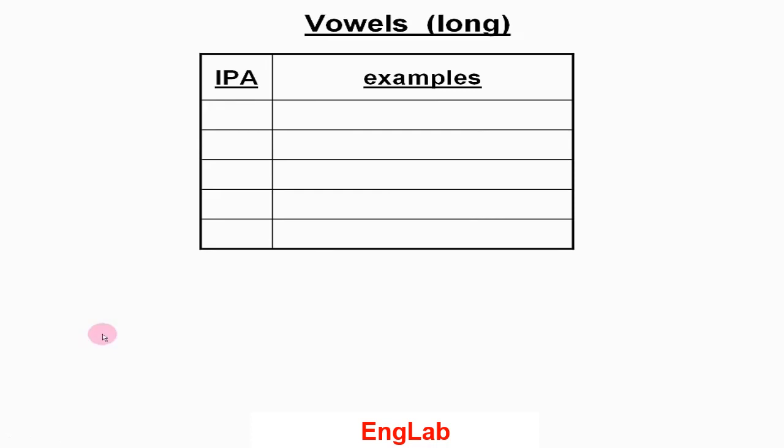So we'll now start the sounds with IPA symbols and some examples. Okay, so here we'll have some sounds that are long vowels, and we'll have some examples.